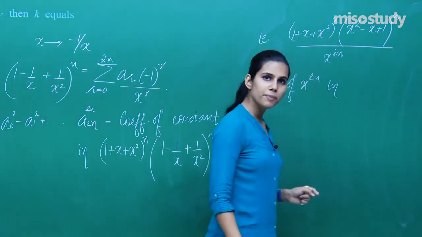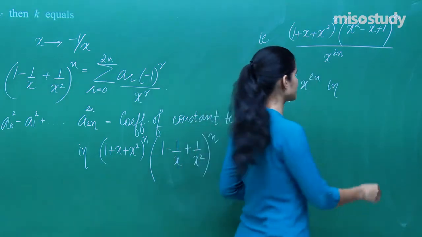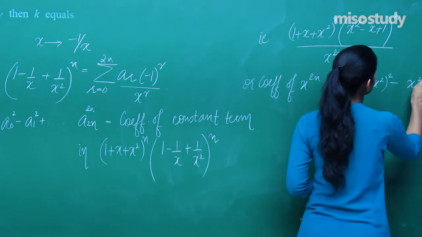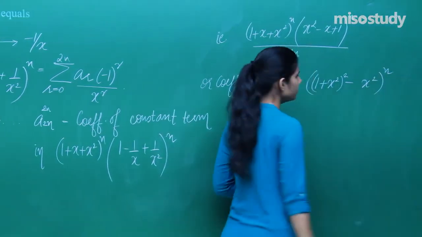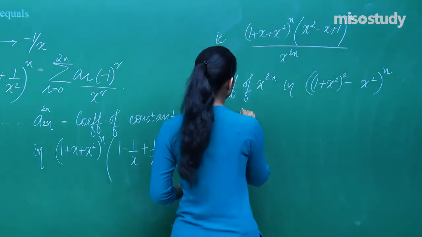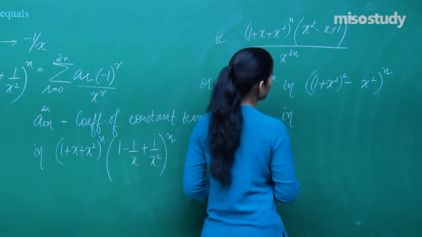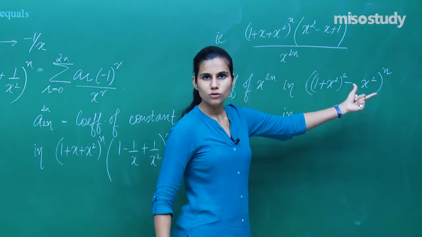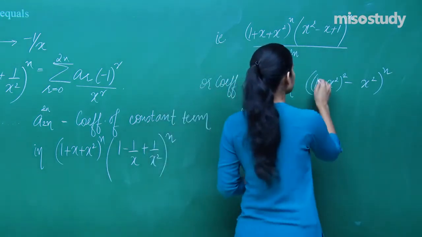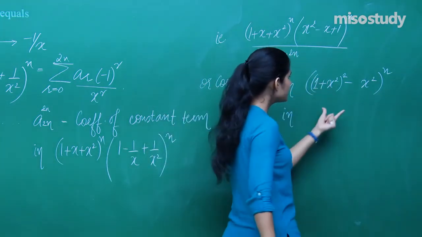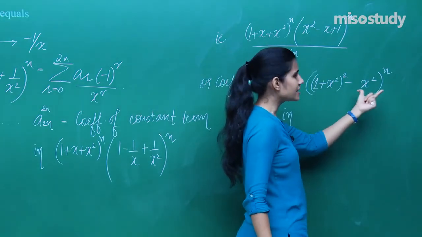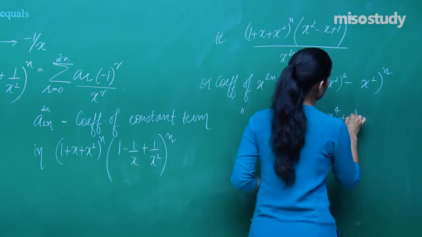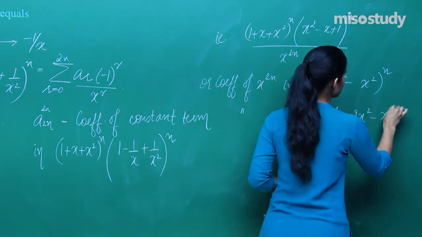So 1 plus x square plus x, 1 plus x square minus x, which is 1 plus x square whole square minus x square whole to the power n. Right? Which is coefficient of x to the power 2n in 1 plus x square whole square minus x square whole to the power n. So what do you basically get? This is 1 plus x square whole square minus x square whole to the power n, which means a square plus b square plus 2x square minus x square.